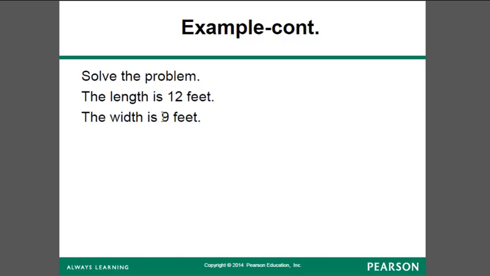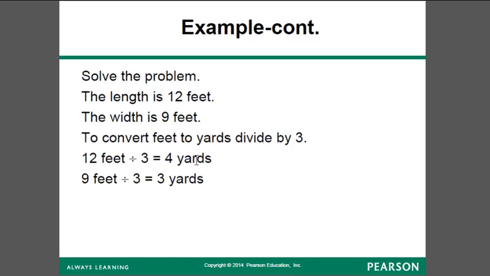Remember that the length is 12 feet and the width was 9 feet. First thing I need to do is convert to yards. I need to divide each of these by 3 because remember there's 3 feet in 1 yard. So when I do that, 12 feet divided by 3 will give me 4 yards. 9 feet divided by 3 will give me 3 yards.